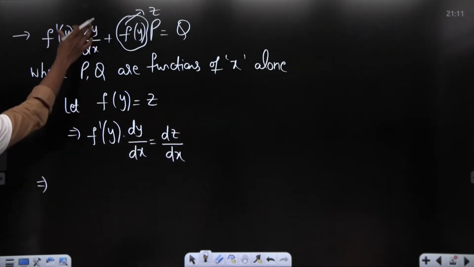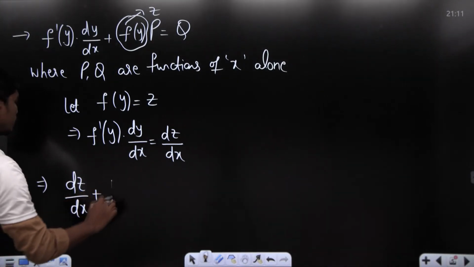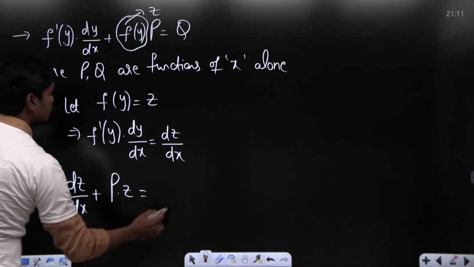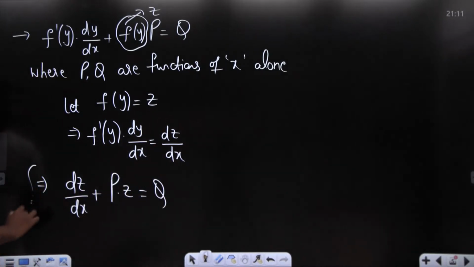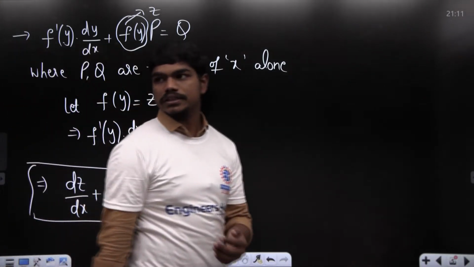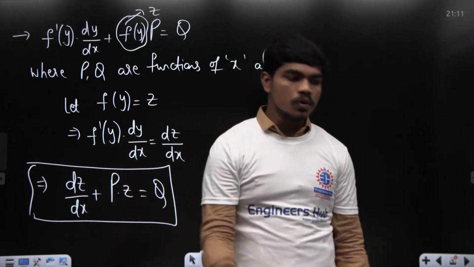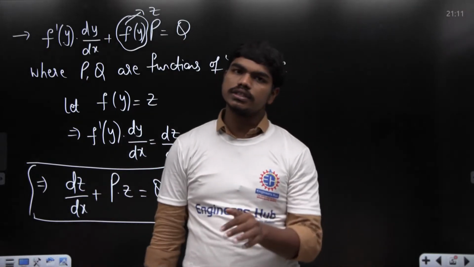So the initial given equation gets converted to dz by dx plus p times z is equal to q. This is a Leibniz linear equation again. Correct? So these are two special cases of nonlinear differential equations, where by making a substitution you can convert them into Leibniz linear equations, for which the solution is already obtained.